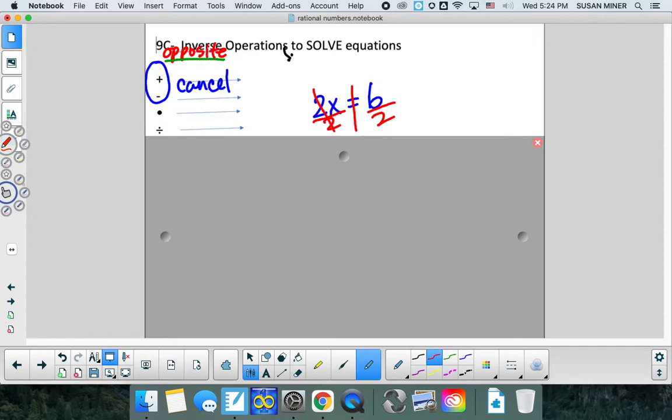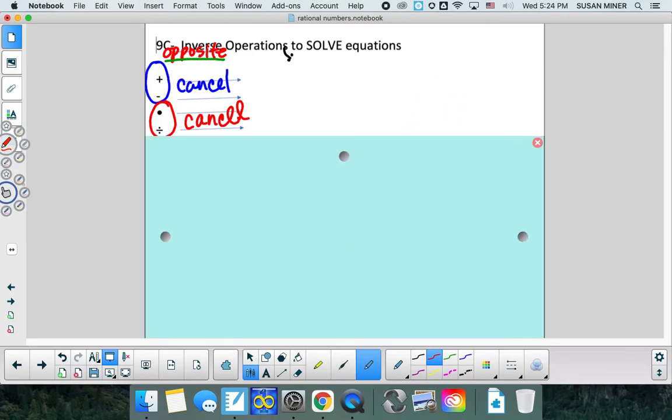These cancel each other out because they are opposites of each other. Then I would have x equals 3. And remember, the thing about having an equal sign in my equation is it's a scale. Whatever I do on one side, I have to do on the other side to keep it equal.